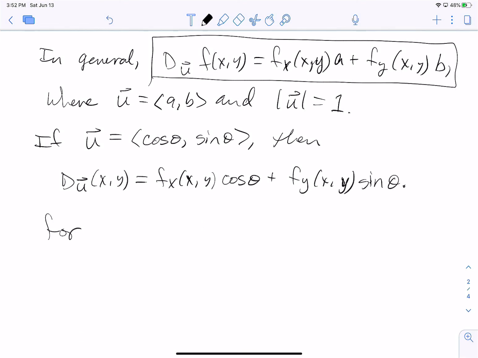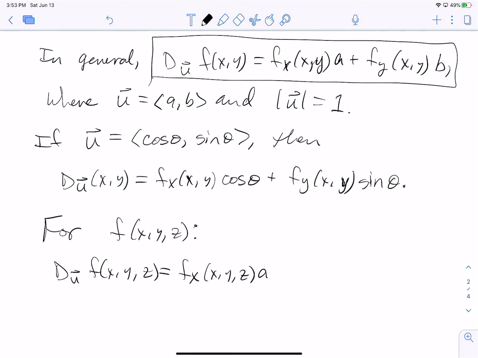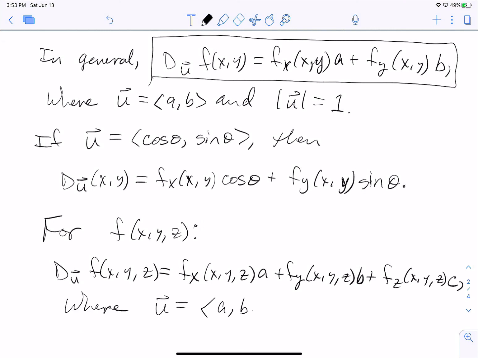If we're looking at f as a function of x, y, and z, then the directional derivative in the direction of u of f of x, y, z is, you probably already know, fx at x, y, z times a plus fy at x, y, z times b plus fz at x, y, z times c, where u is the vector abc and the magnitude of u is, again, 1.